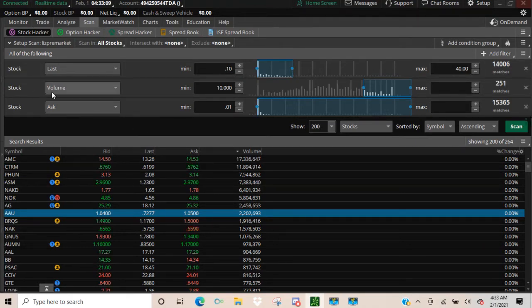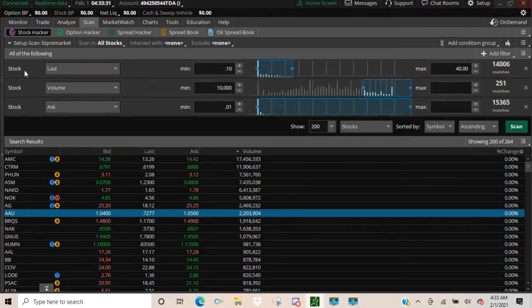Now, volume is the number one key that makes the tickers pop on my pre-market scanner. Without volume, you're not going anywhere. As long as it's a couple of hours before the bell, I start with a minimum of at least 10,000 in volume.